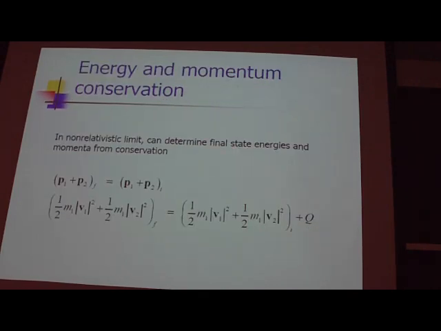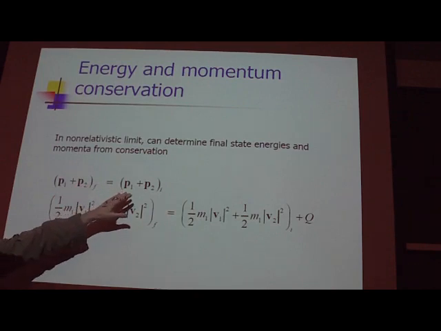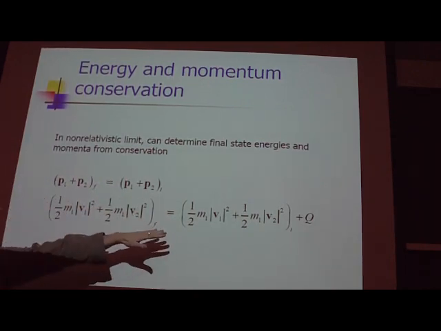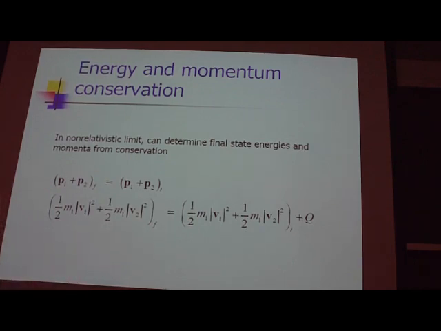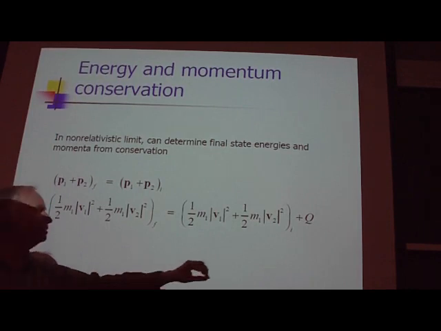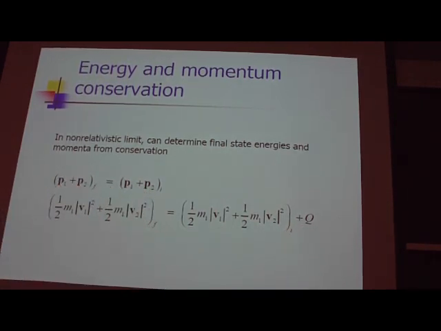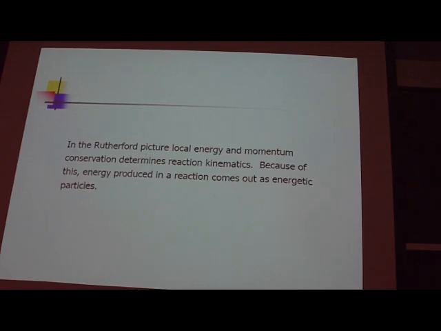So as a result, you can do a calculation where you take the initial momenta, the final state momenta, the initial energy, the final energy. And if you've got like a DD fusion reaction and you're making energy, you can put the energy that you make here, and you combine these equations, and you can get relationships for the energy as a function of the energy that you make.